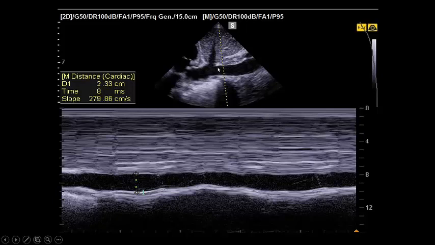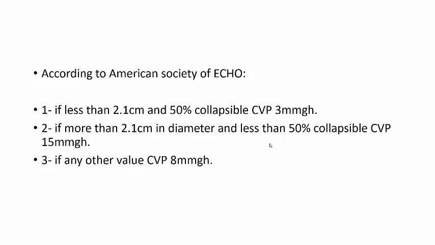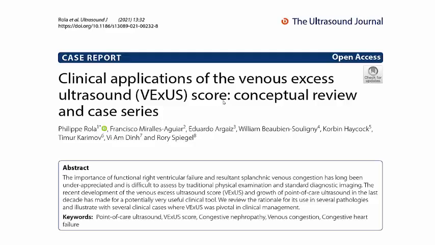If the inferior vena cava is more than 2.1 and non-collapsing, the patient has a right atrial pressure of 15 millimeters of mercury according to the American Society of Echocardiography. So our patient has 15 millimeters of mercury as regards central venous pressure or right atrial pressure. But does this pressure cause systemic congestion or not?